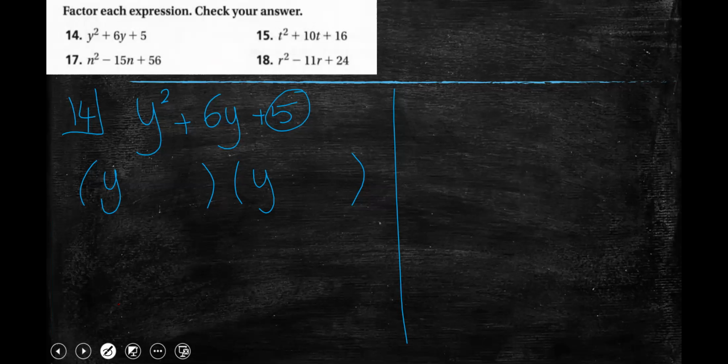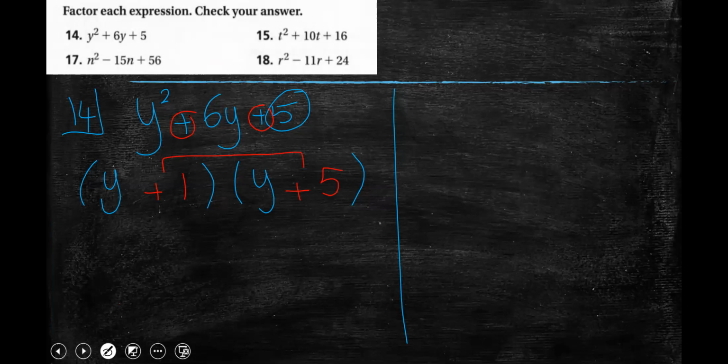If you add 1 and 5, you get 6. So these are my factors. Then, since we have a plus sign, I will put plus plus. Why plus plus? Because if you multiply them, you get plus, and if you add them, you also get plus. This is how we can factorize it.